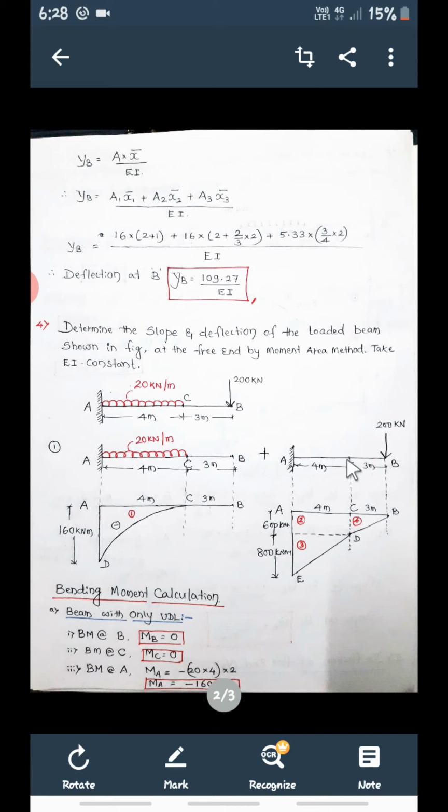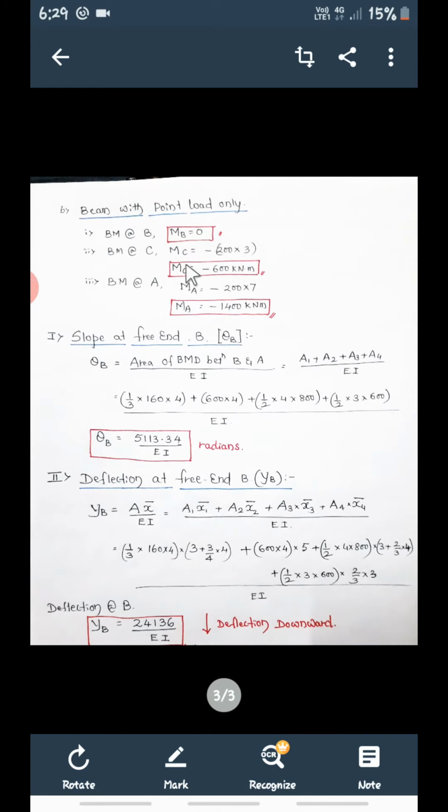Now the bending moment at C is not 0. Because of this load, portion CB will bend like this, hogging. So MC equals minus 200 into 3, that is minus 600 kilonewton meter.